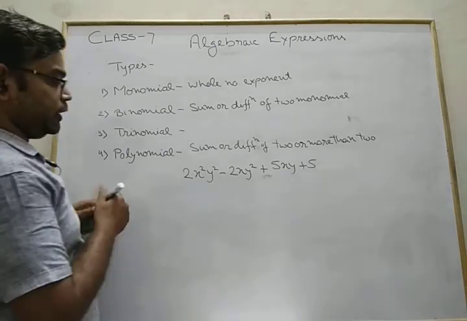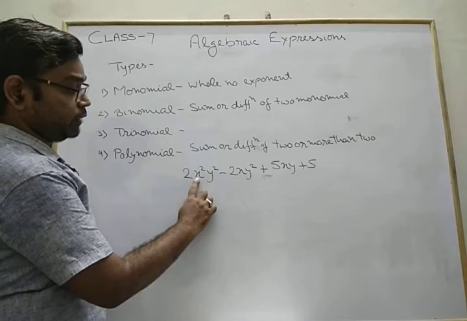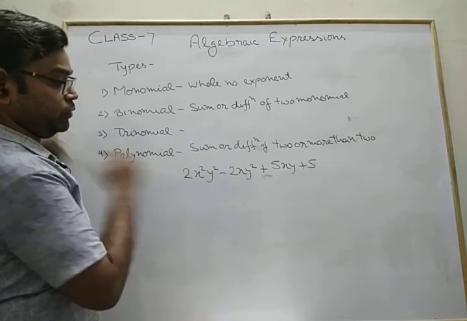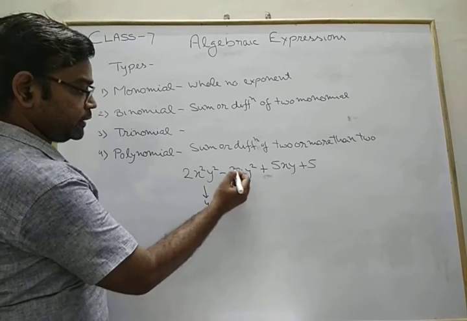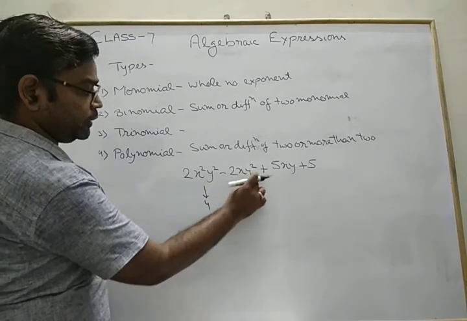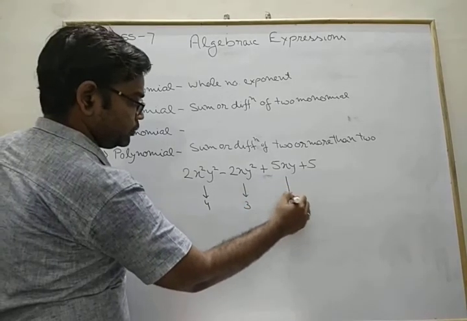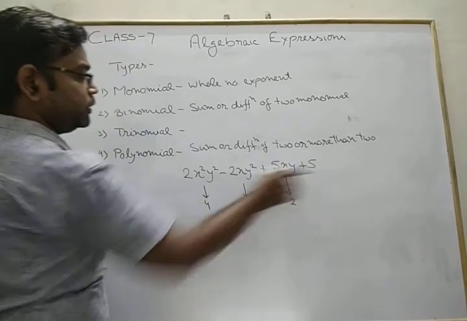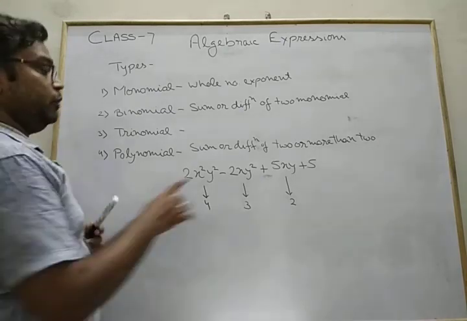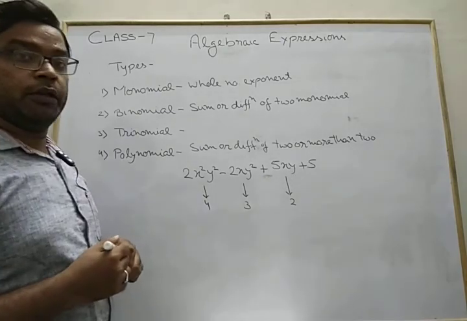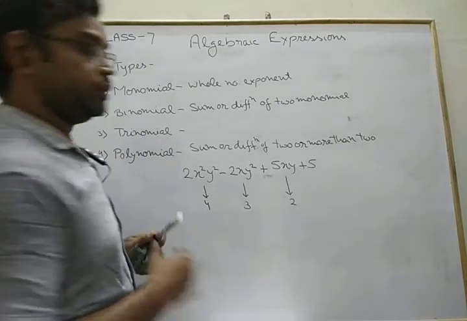Consider the powers of the variables only. In x square y square, 2 plus 2, the degree is 4. In this case, 1 plus 2, the degree is 3. In this case, the degree is 2. What about this one? What is the degree of 5? We must consider the degree of variables, and if it is a constant, the degree is always 0. How is it 0?